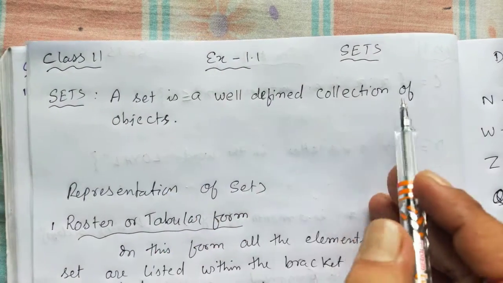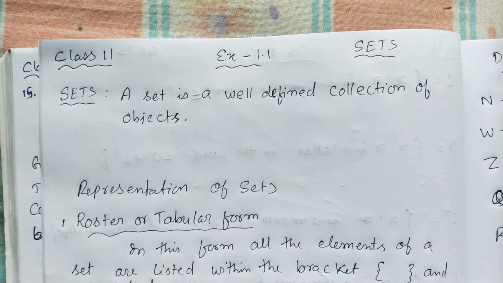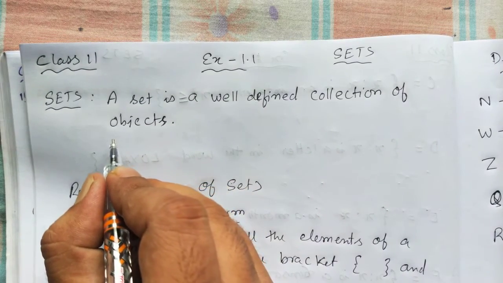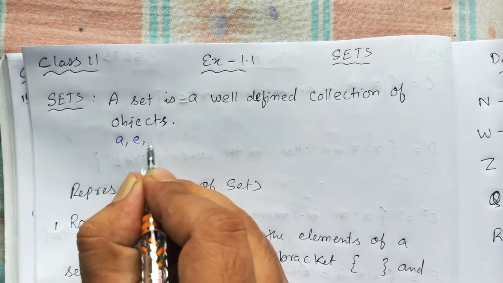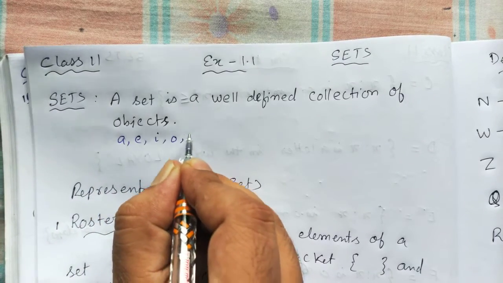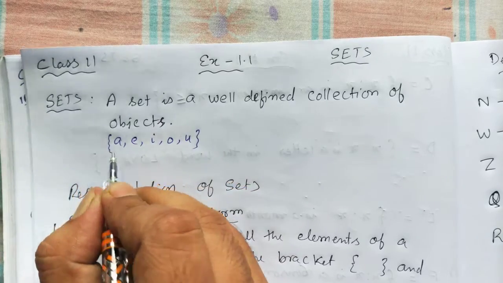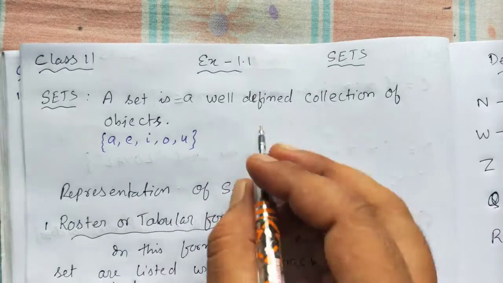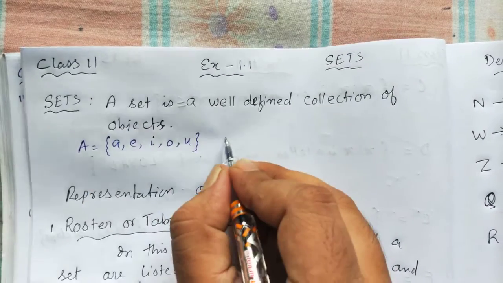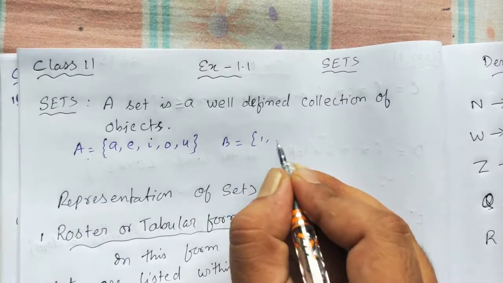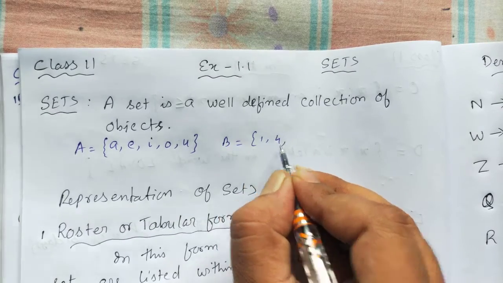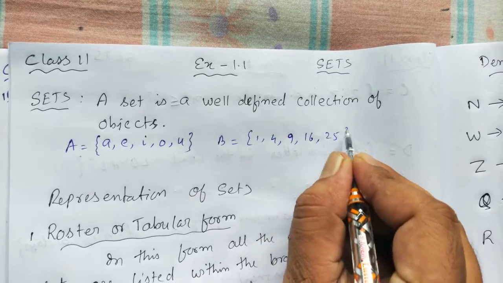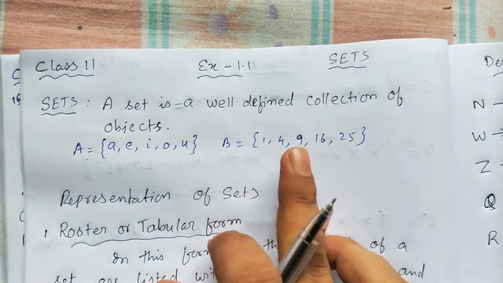A set is a well-defined collection of objects. It's a collection of any object, but it must be well-defined. Suppose I can say that A, E, I, O, U is well-defined. It's a collection of vowels in English alphabet, A, E, I, O, U. If I write a set B like that, 1, 4, 9, 16, 25, collection of square number up to 5.